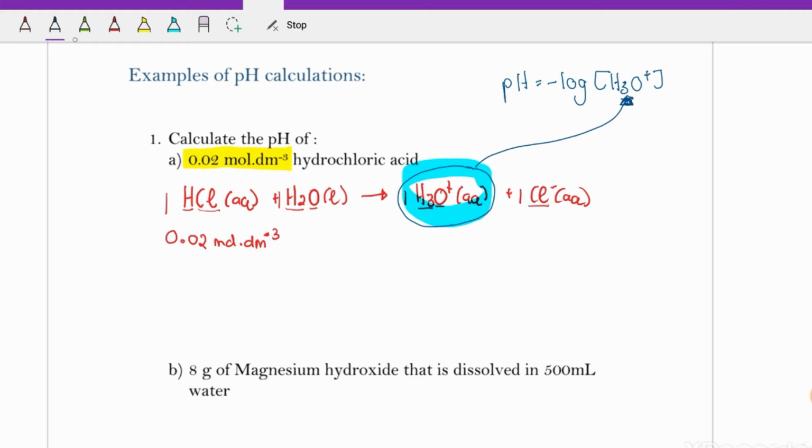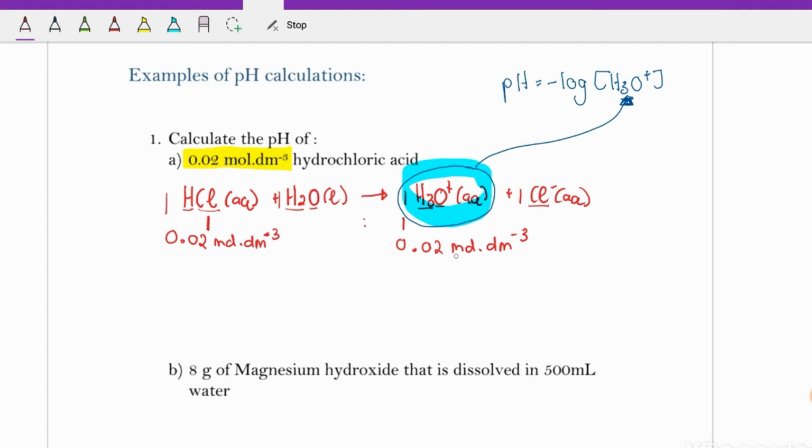Okay, so for now, this is given. And you know from stoichiometry or molar ratios that it is reacting in a ratio of 1 to 1 with one another. So in other words, if this is the concentration of hydrochloric acid, then this will also be the concentration of your hydronium ions in solution.